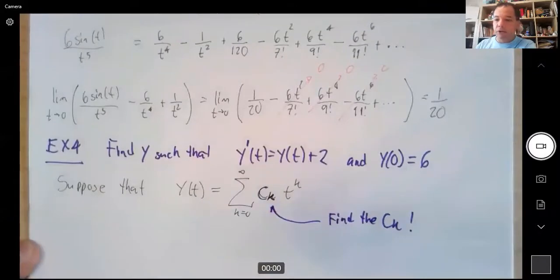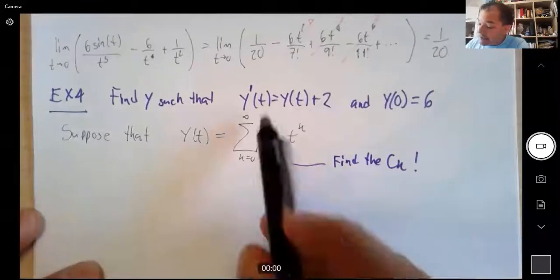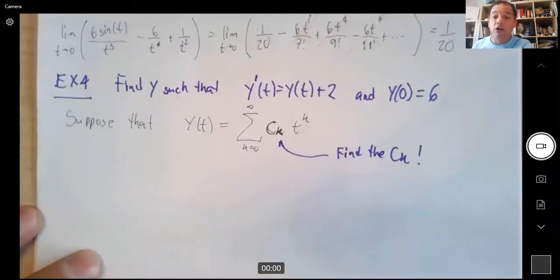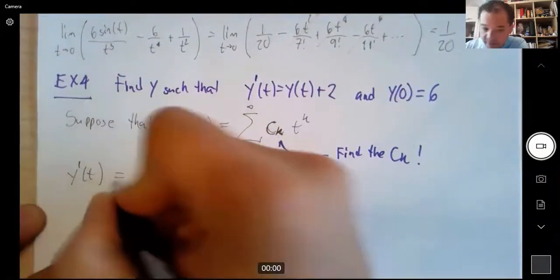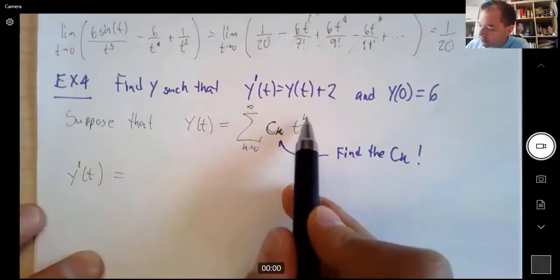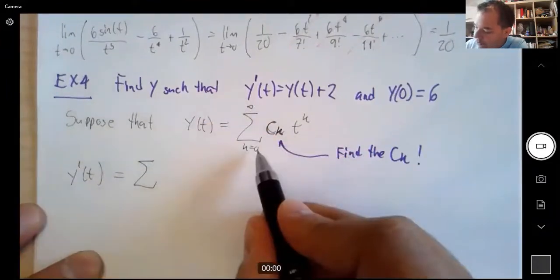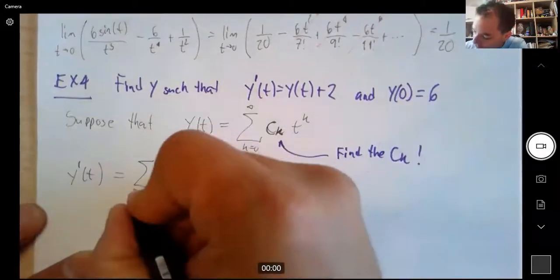Okay, now how do we do it? Well, we can use the fact that it's really easy to take the derivatives of power series, and that when you take the derivative of a power series, we have another power series that is also valid. So what would be y prime? Well, all we need to do is take the derivatives here, right? So the k comes down, multiplies the c_k. When k is 0, it's a constant, and the derivative of a constant goes away. So this one is going to start at 1.